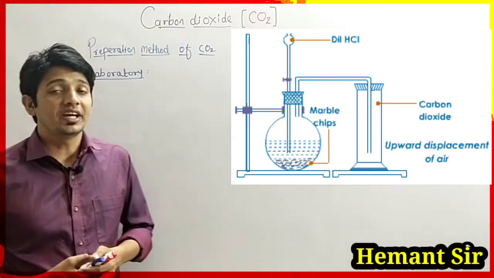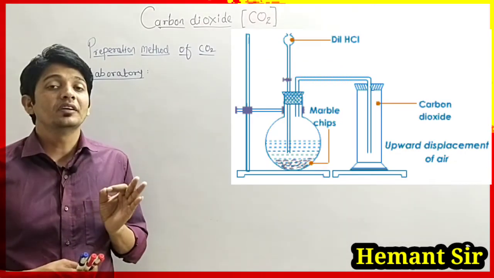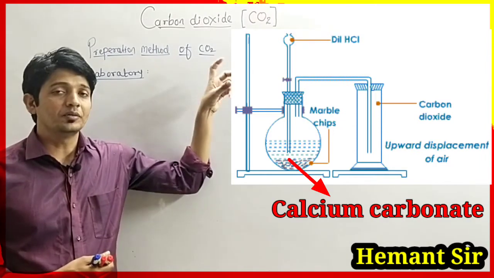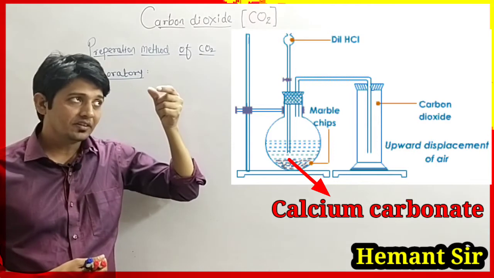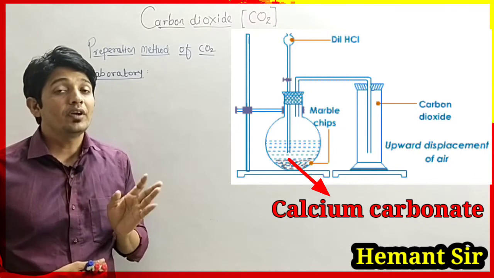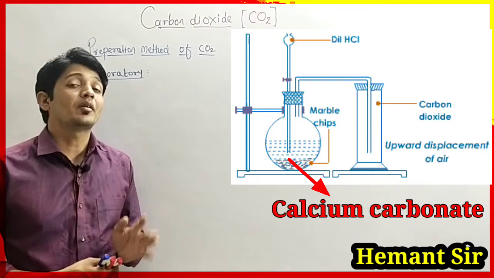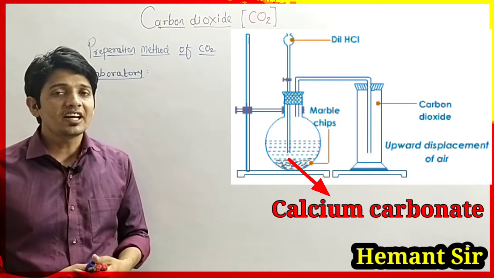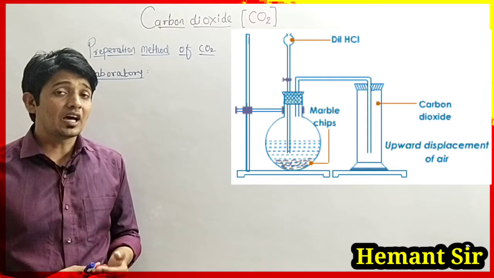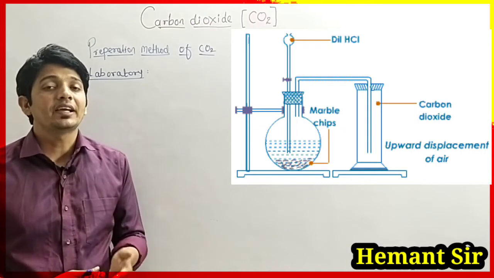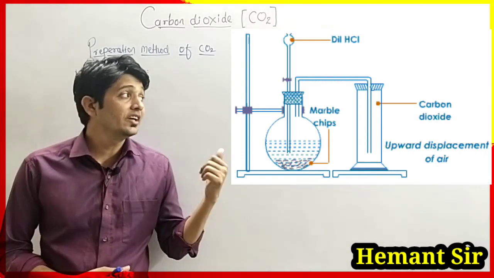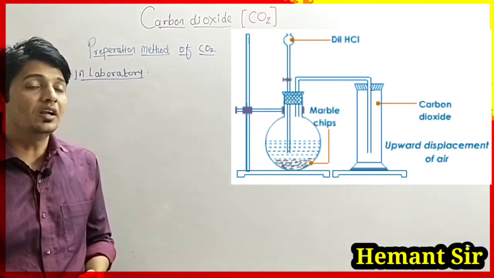In the jar you can see calcium carbonate is present, and on top you can see the hydrochloric acid which is added in the jar. Calcium carbonate and hydrochloric acid react with each other to form carbon dioxide gas. Along with carbon dioxide, byproducts like calcium chloride and water are also formed.